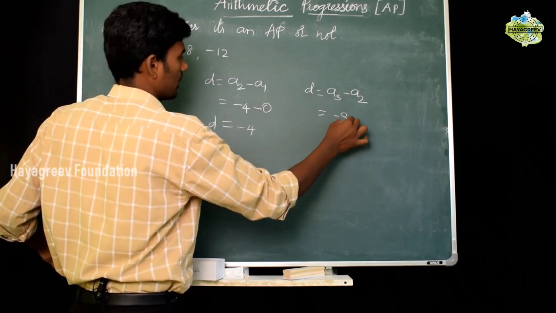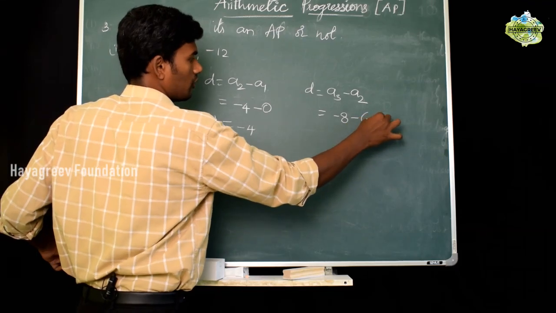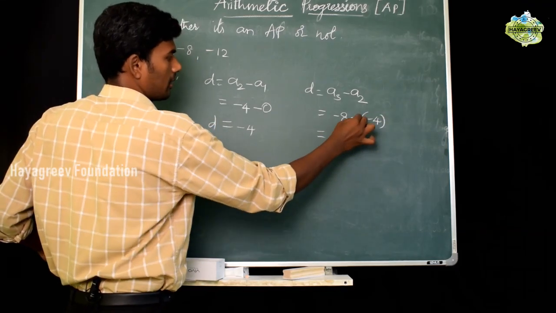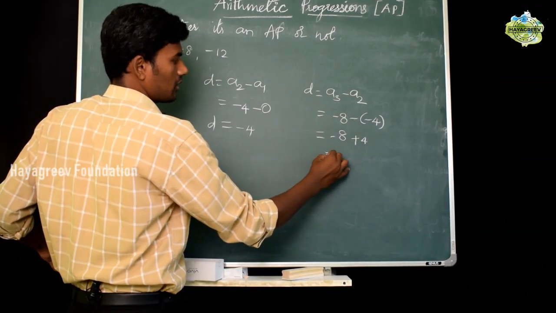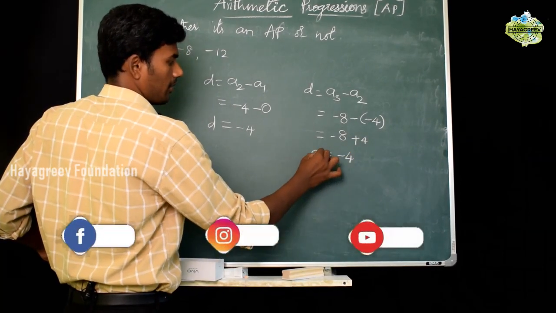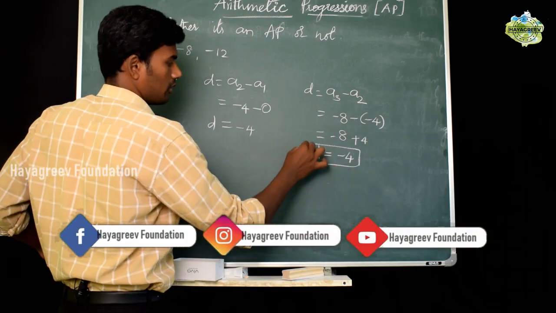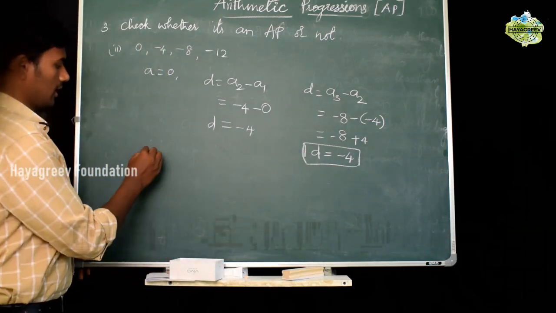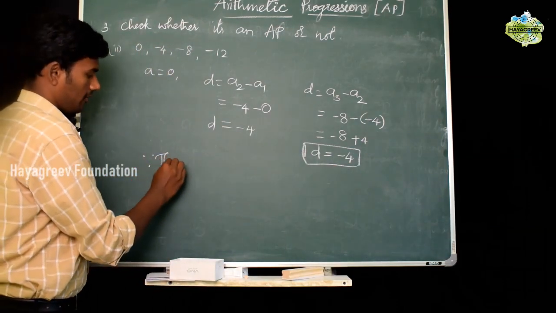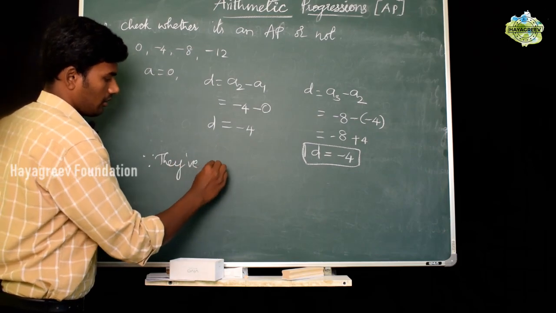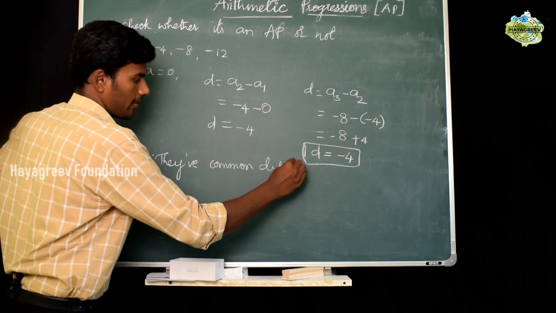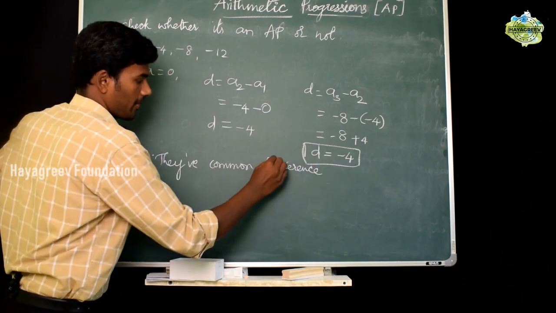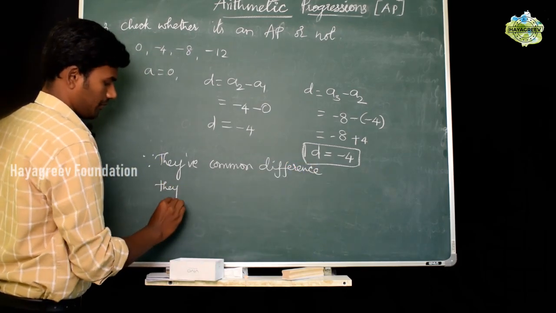A3 is minus 8, minus of minus 4. We know that minus 8, minus of minus 4 is plus 4. Minus 8 plus 4 is minus 4. So D is equal to minus 4. Since they have a common difference, they form an AP.